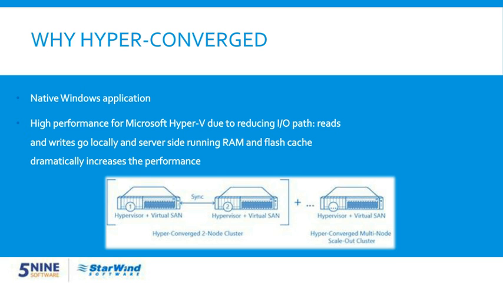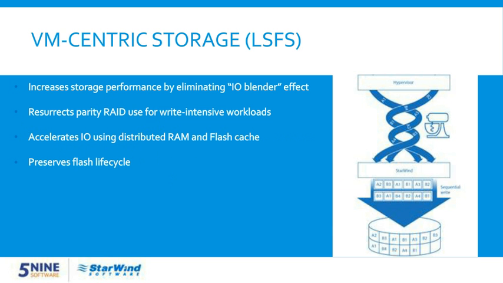When multiple virtual machines write to the same storage array, all the I/O becomes so chaotic and random that spinning disks are just getting really, really slow. So the only way to fight it, well, there are multiple ways to fight it. The easiest way, buy an all-flash array.